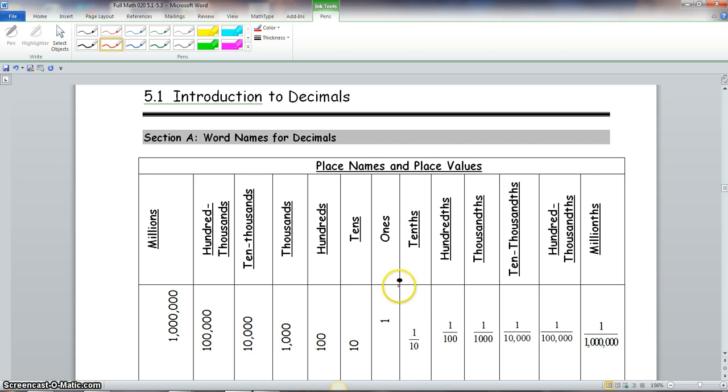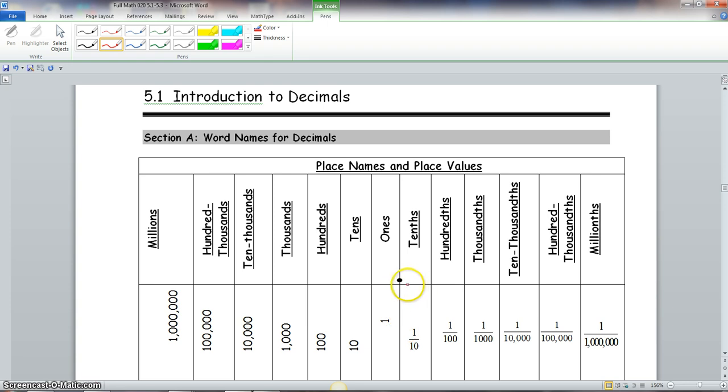Now, behind the decimal, each one of these place values ends in THS. We have tenths, which is equivalent to 1/10. We have hundredths, which is 1 over 100. Thousandths, which is 1 over 1,000. 10,000ths, 100,000ths, millionths, and so on.